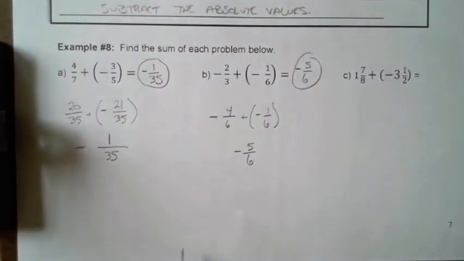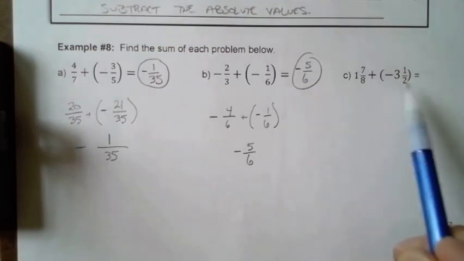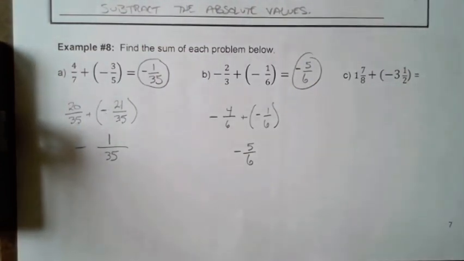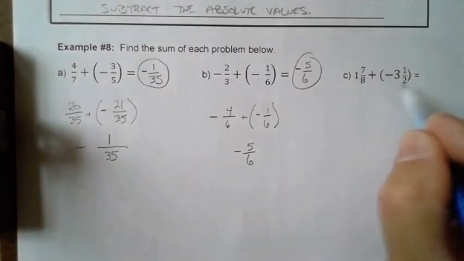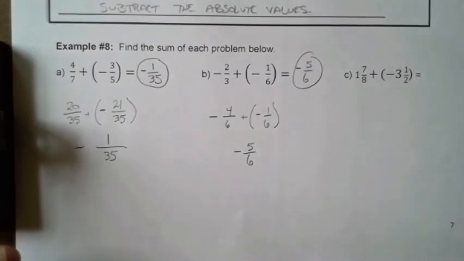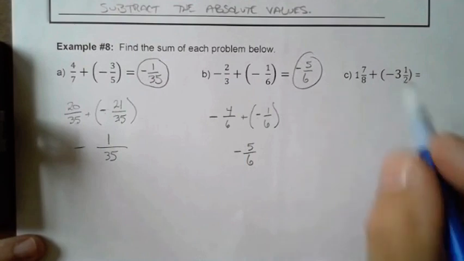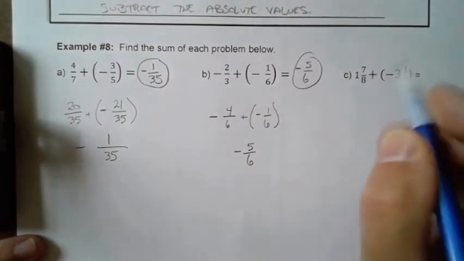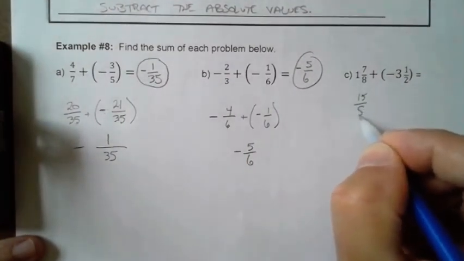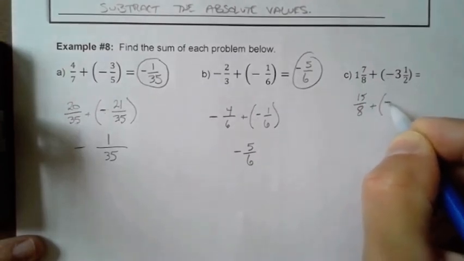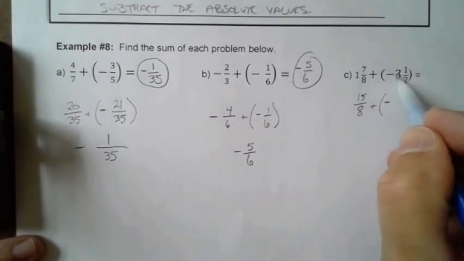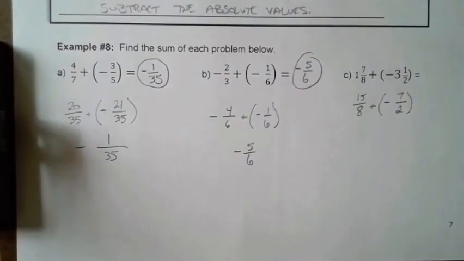How about if we have some mixed numbers? 1 7/8 plus -3 1/2. The first thing I'm going to do is rewrite these mixed numbers as fractions. I like to work with fractions like I did in A and B. 8 times 1 is 8 plus 7, this is 15/8, plus negative: 2 times 3 is 6 plus 1 is 7, so -7/2.